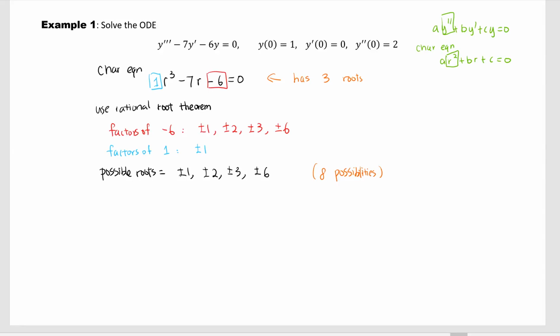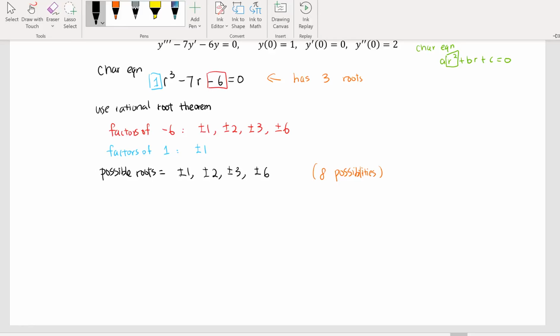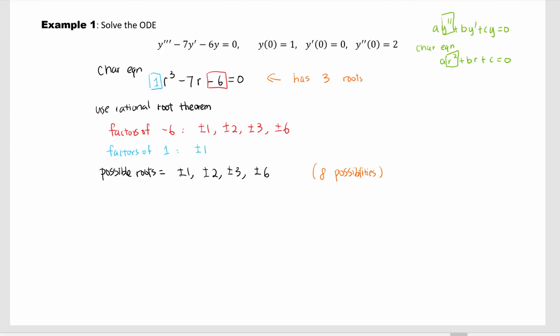All right, so which are the roots? Let's plug in. For each of the possibilities, we try it. First, we try r equals 1. How do we know whether this is a root or not? Let me call the polynomial p of r, and we plug in.